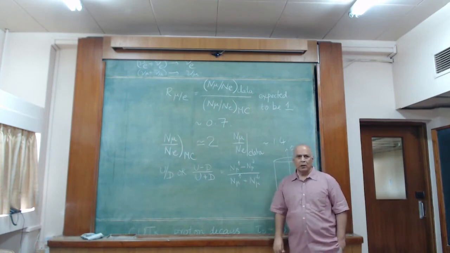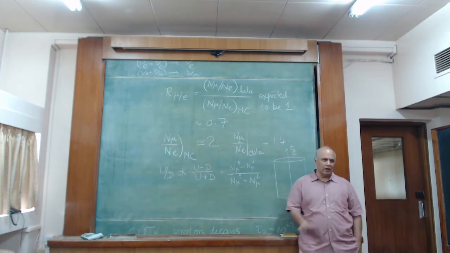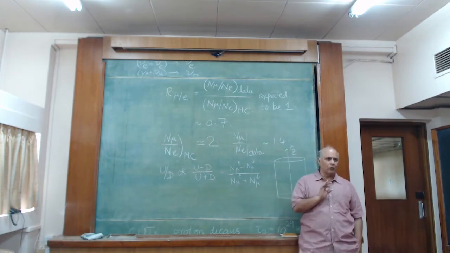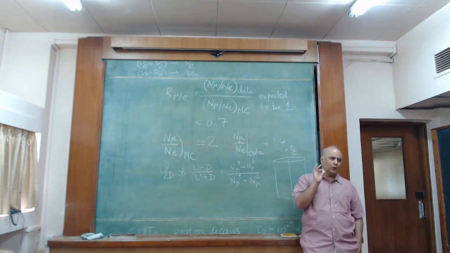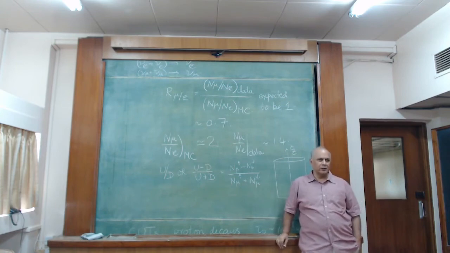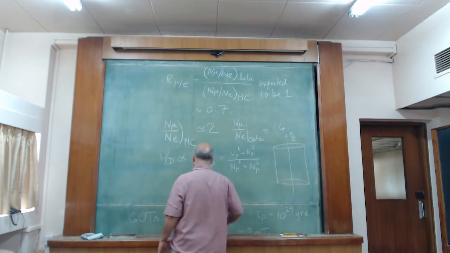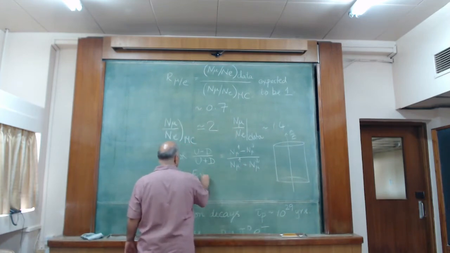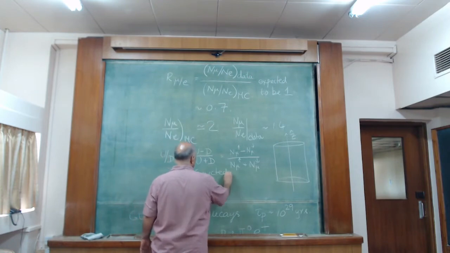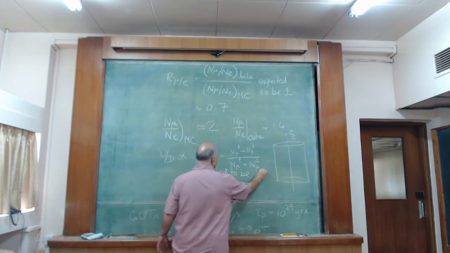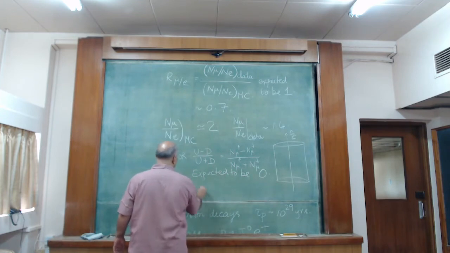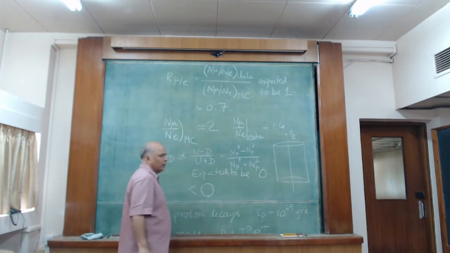And again, if the muons are not doing any funny thing, if they have only standard model interaction and nothing else, what is the prediction for this ratio? 0. Should be 0. But it is established that it is negative.